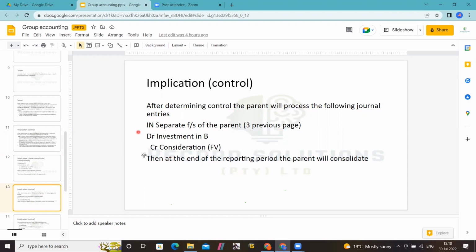That's where you're going to take the consideration. This investment amount will always be at cost. In some questions you will see they'll also put it at fair value. If it's at fair value, that means it was firstly determined at cost, then as time went on, they were changing the value of this investment via fair values.